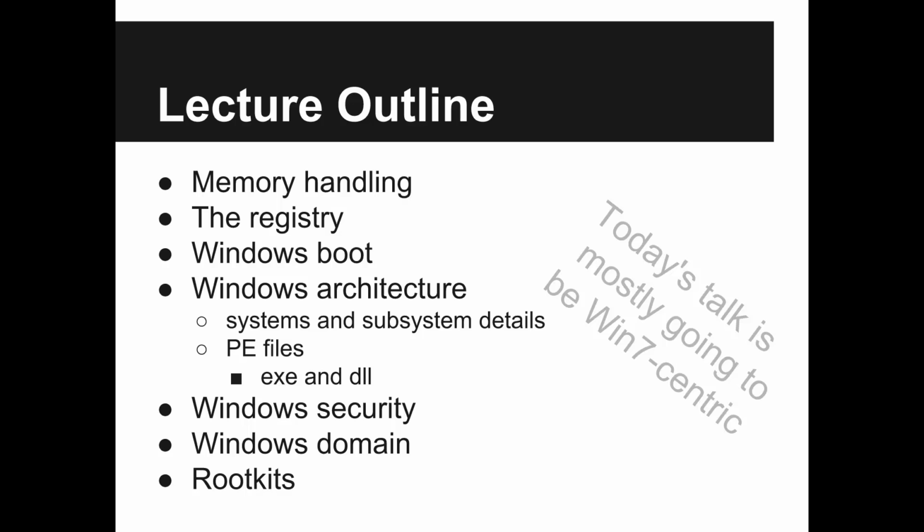And then we dived into the PE file format and other Windows architecture details. And we wrapped it up with Windows security and domain topics, Active Directory, Windows workgroups, home groups, Windows Firewall, and so on.